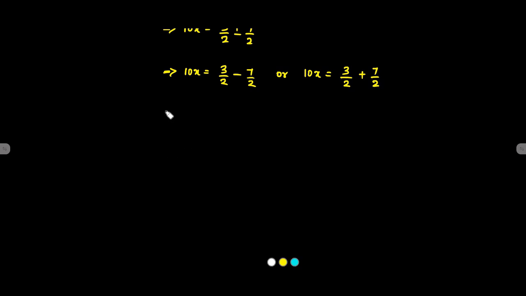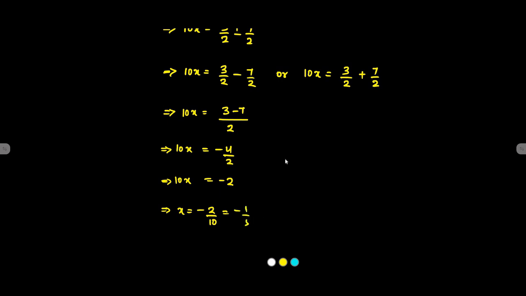That implies 10x is equal to 3 minus 7 by 2, which is equal to minus 4 by 2, which is equal to minus 2. So 10x is equal to minus 2, which implies x is equal to minus 2 by 10, which is equal to minus 1 by 5.